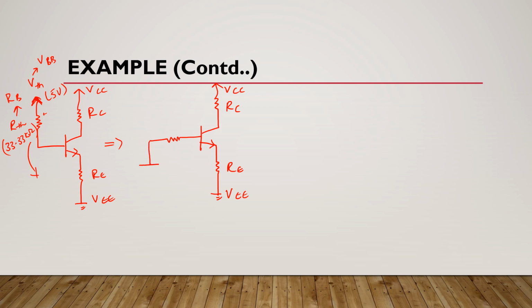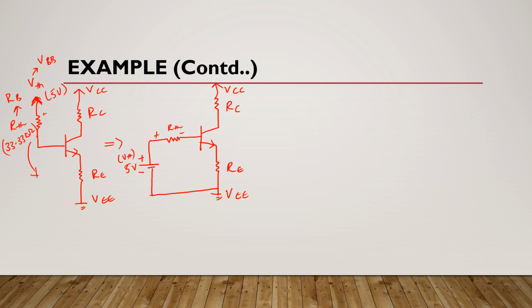So I can draw this like this. Okay, so this is negative, this is positive, and this is 5 volts, that is, it is VTH. And here we have RTH. This is the positive terminal, this is the negative terminal.